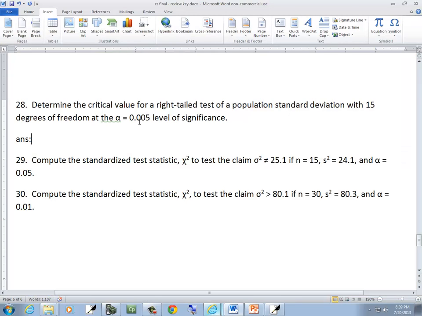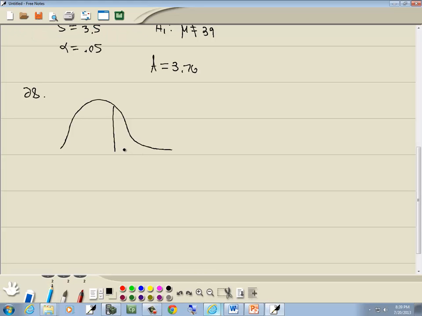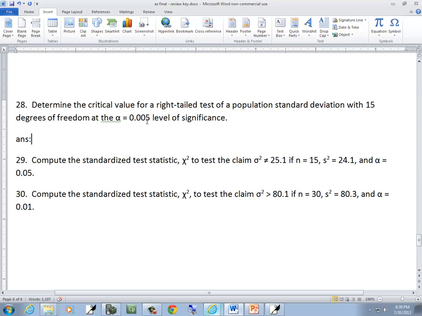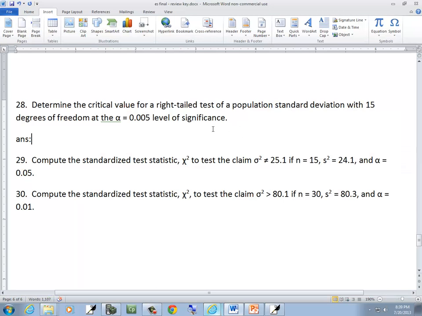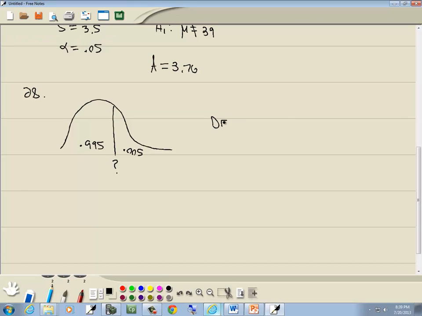And we always put alpha into our tails. So it tells us alpha is 0.005, so that goes there. And this would be 0.995, because all of it has to add up to 1. Now when it says find the critical value, we're trying to find this one right here. And they tell us 15 degrees of freedom, so df is equal to 15.